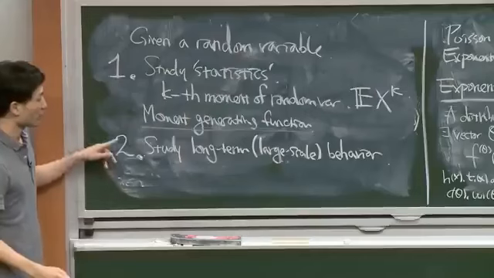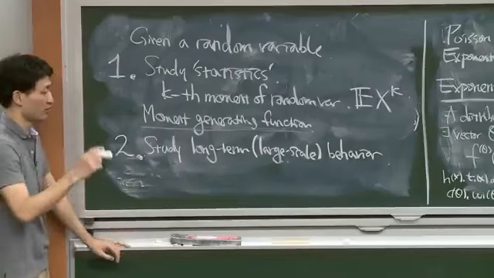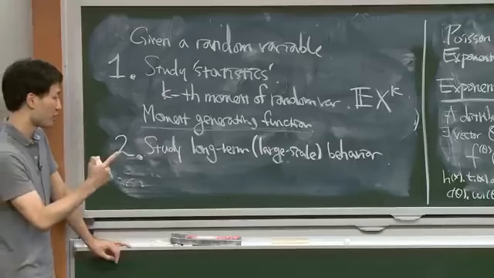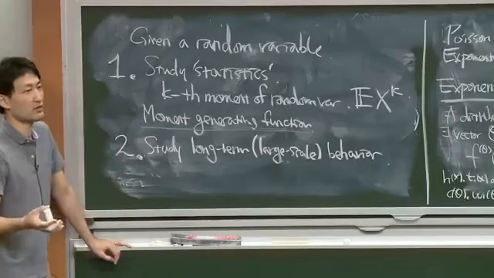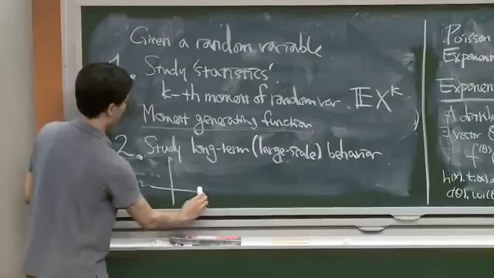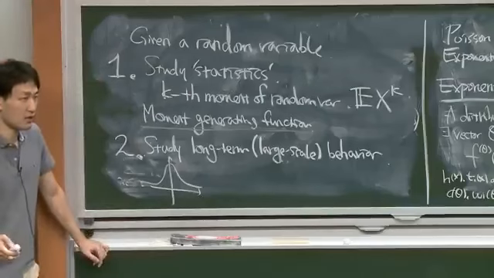So for example, assume that you have a normal distribution. If you just have a single random variable, you really have no control. It can be anywhere. The outcome can be anything, according to that distribution.